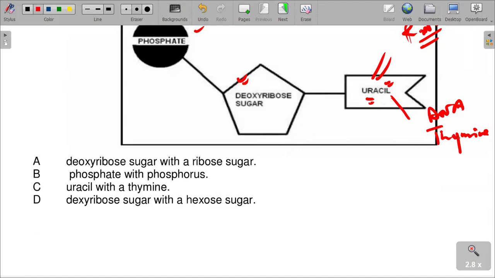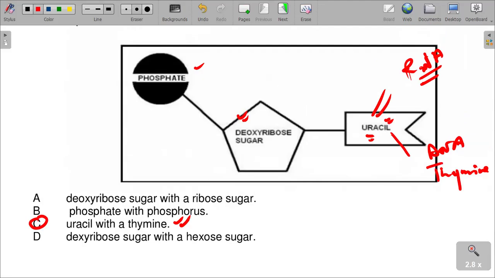Thymine is found in DNA, and RNA contains uracil. So we have to replace uracil with thymine. Uracil must be replaced with thymine. That is what has to be done there.